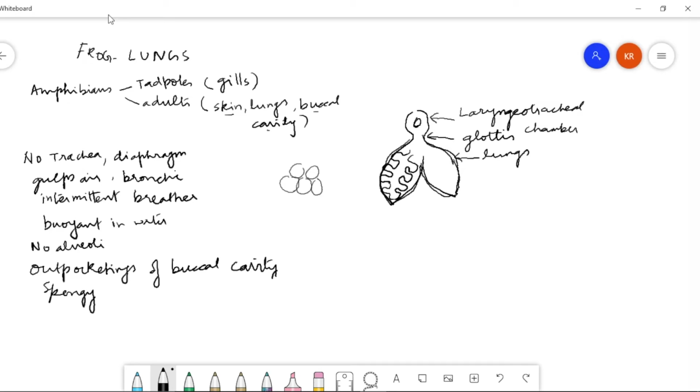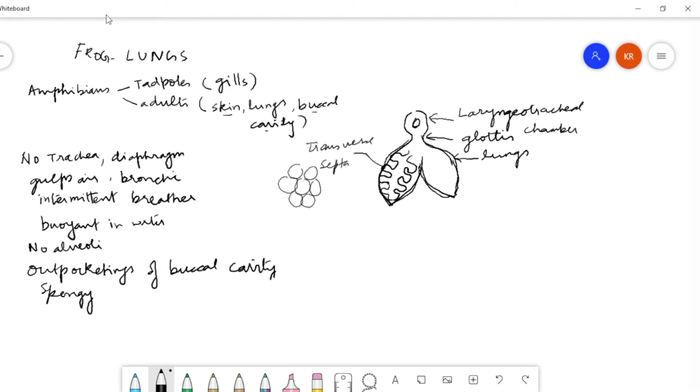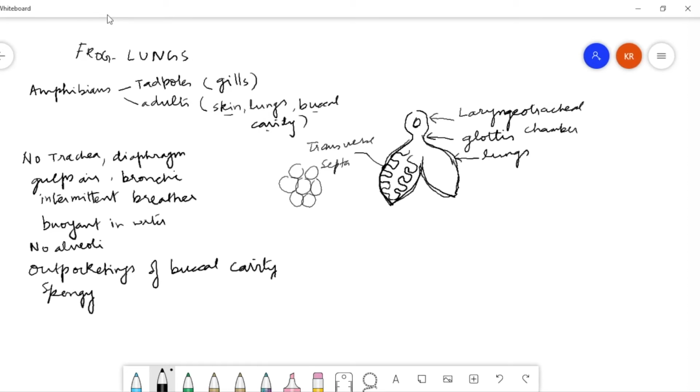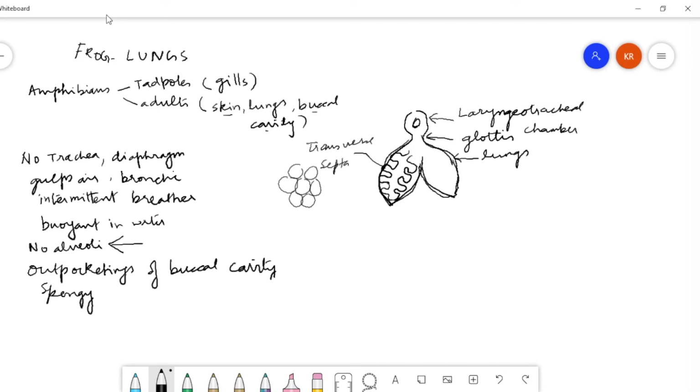These are just sacs, and these are the transverse sacs. Therefore these parts are transverse septa, and there is an internal tube which divides into septa. So remember that there are no alveoli, and therefore its capacity to ventilate is not very high.